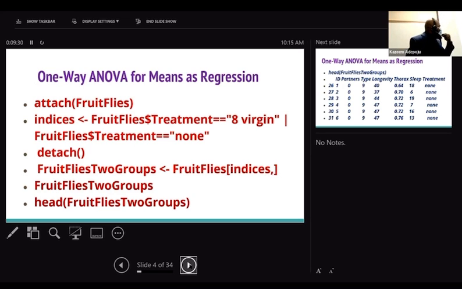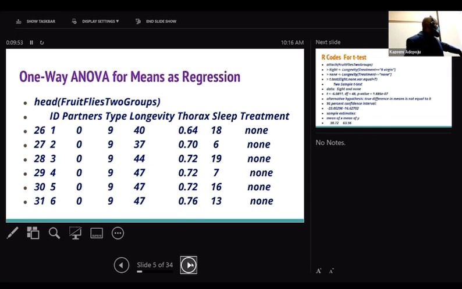Okay. Now, I want to walk you through this particular data set. You remember it. We've used this data set before. We got 5 levels, and we're trying to compare longevity in 5 groups, right? We want to make use of this data. I'm going to show you the data set again. Take a look at that. This is just rows 1 to 6 of the data set.